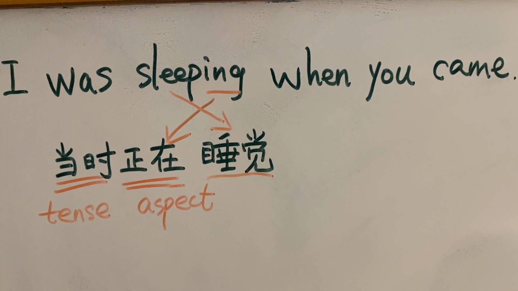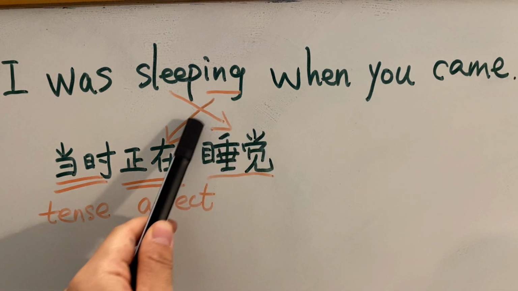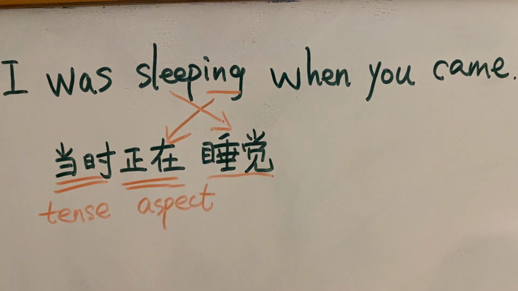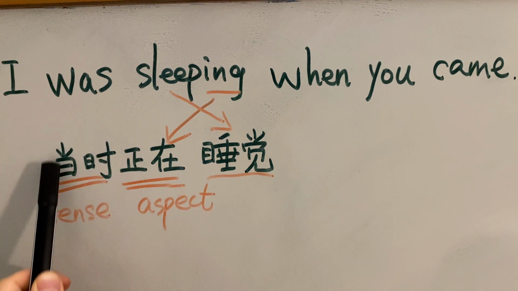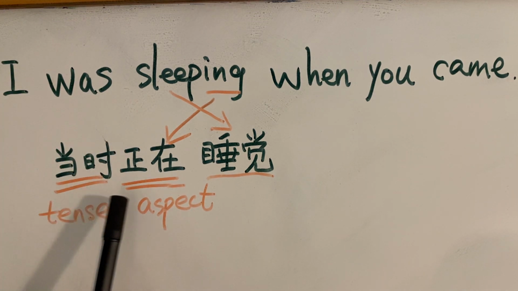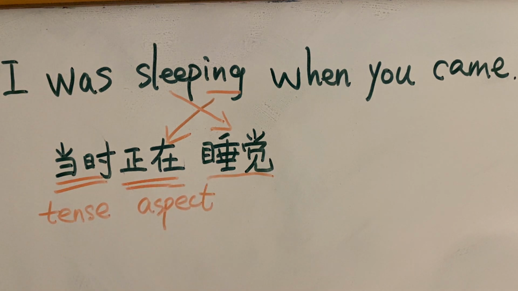You change the verbs all the time in English sentences. But in Chinese, you do not change the verb. You just add the tense and aspect. The tense 当时, you just add that before or behind the verb.